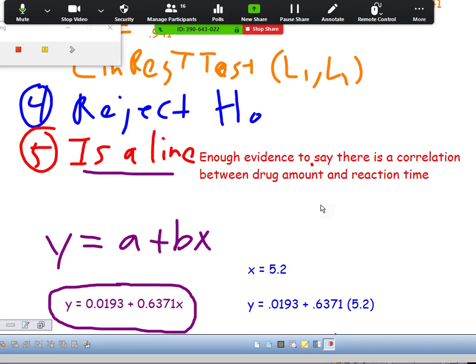There's enough evidence to say there is a correlation between blank and blank, whatever your x and y are. So this is all you need to say. Blank evidence to say there is a correlation between x and y. That's all you have to say. And it's either going to be not enough evidence or enough evidence. I'm not going to worry about the claim there.